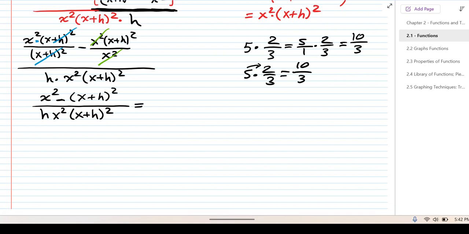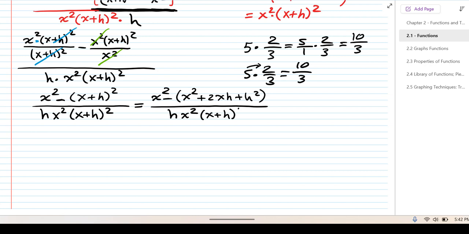Next, I'm going to expand the binomial. So it's going to become x squared plus 2xh plus h squared, all of that divided by h times x squared times (x plus h) squared. And if you distribute the negative to all three terms of that polynomial, what that will do is create a couple of opposites, namely that and that one.